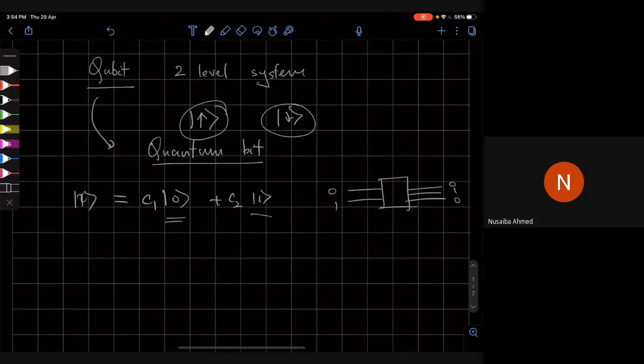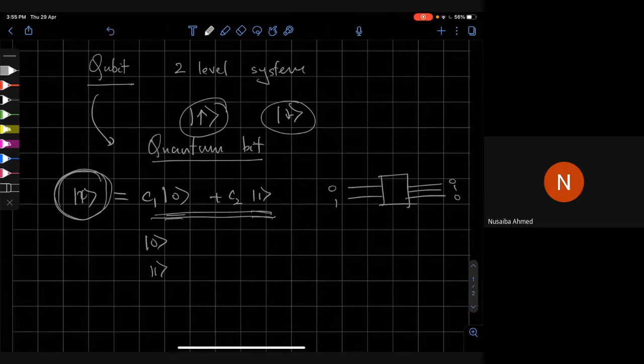These are known as the computational basis, 0 and 1. But in a quantum computer, a state can be any arbitrary linear combination of 0 and 1. So anyway, this is the name, the qubit.